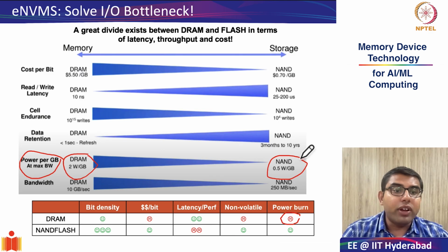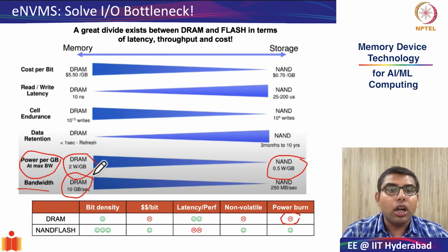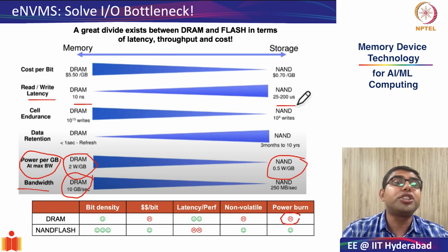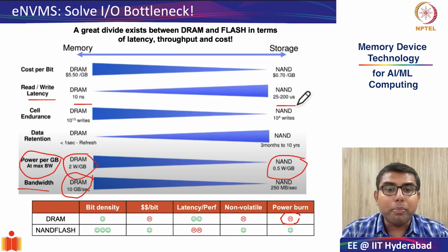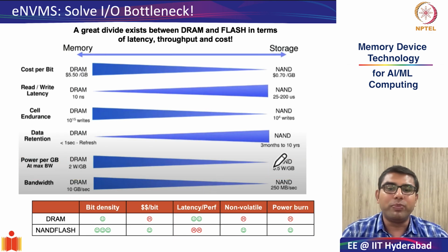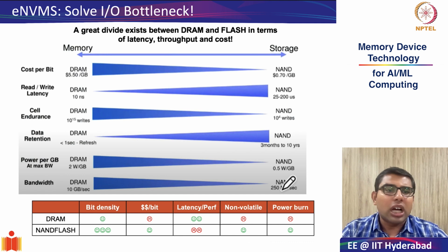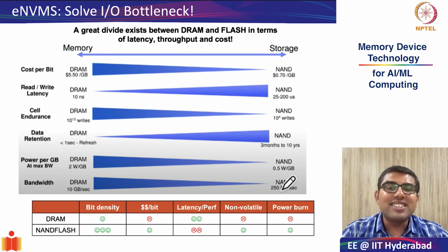The final thing that we will look at is the bandwidth, notwithstanding the much lower read latency. If you see, the read latency was several orders of magnitude different, but the bandwidth difference is not so terrible. The bandwidth is only, as you can see, roughly 40 times. Why is this the case?